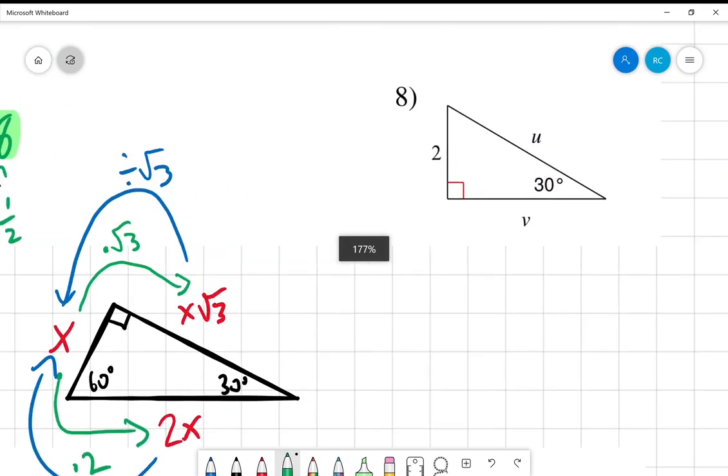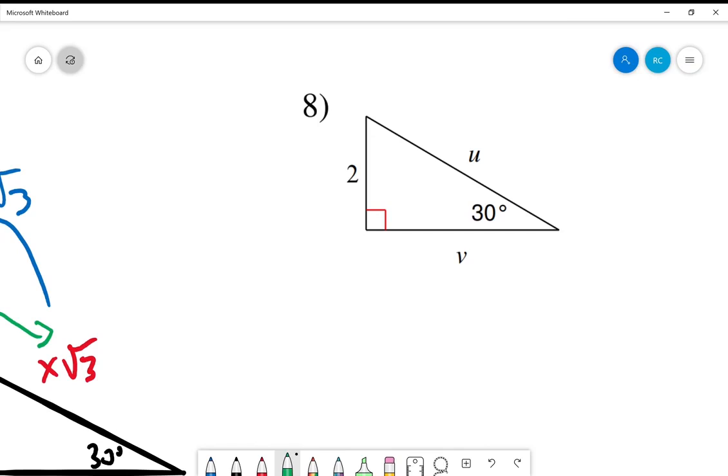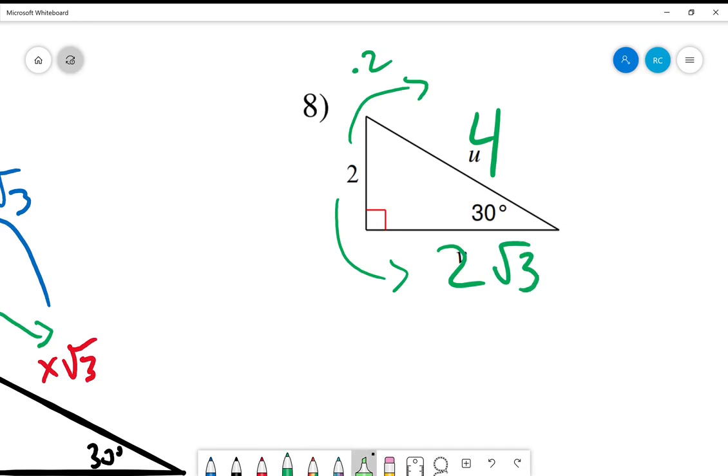Let's take a look at number 8. We have the short leg again. The hypotenuse is twice the short leg. The long leg is the short leg times the square root of 3. We're done.